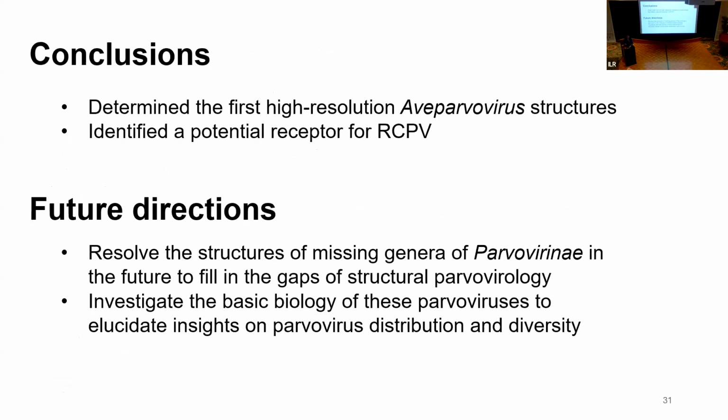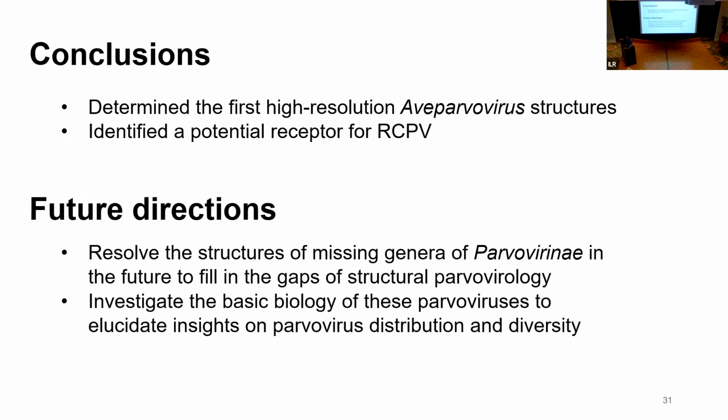Right, so pretty much the conclusions that we have is that we determined the first high-resolution structures for the Ave parvovirus genre, which is cool since there was no structures for this genre until now, as well as identifying a potential receptor for RCPV, which could lead to further studies into its infectivity cycle and which cells it identifies to infect.